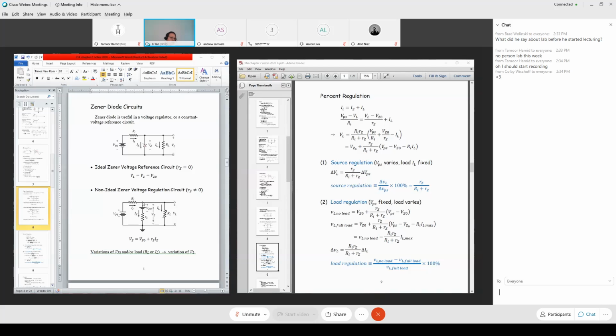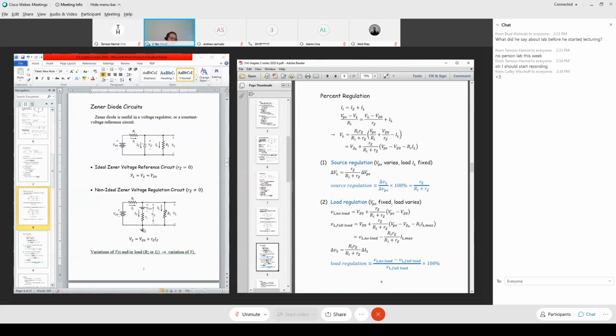The current going into the node equals the current going out. So the input current equals the current going to the Zener diode plus the load current. The input current can be expressed as this voltage subtract the load voltage, divided by this resistance, which gives you this current.